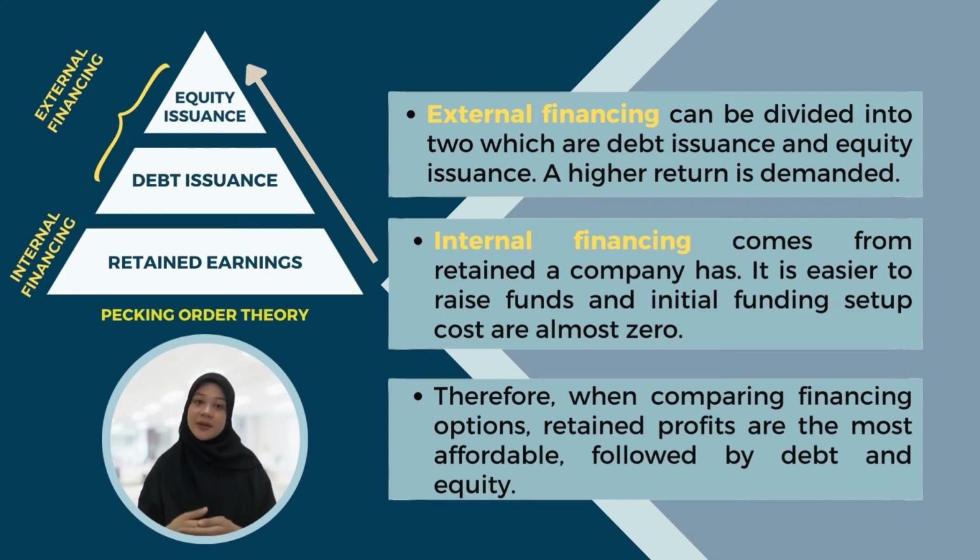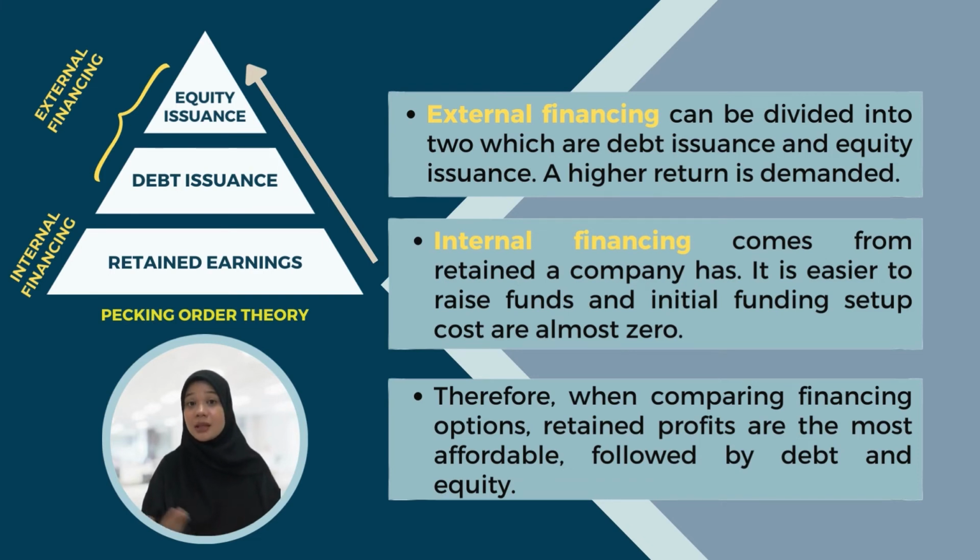Moreover, external financing can be divided into two, which are debt issuance and equity issuance. When a company finances an investment opportunity through external financing, a higher return is demanded because creditors and investors possess less information regarding the company as opposed to the manager.